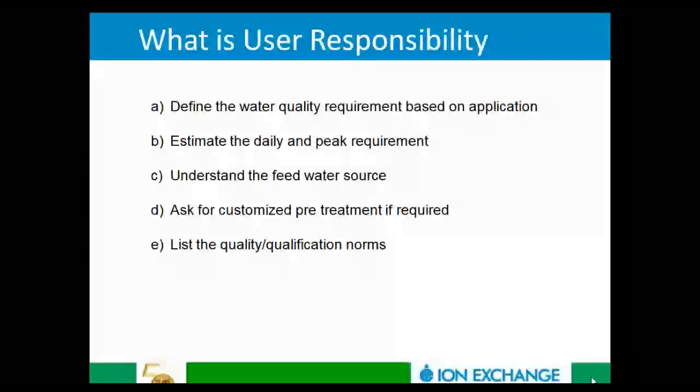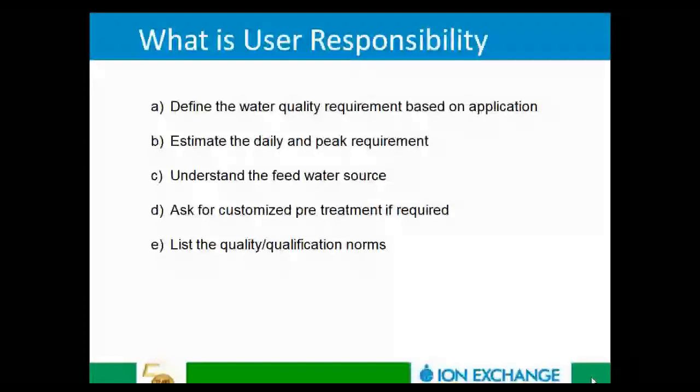And the last is about the quality and the qualification norms. A government research lab, or a college or academia, may not require an IQOQ, but a quality testing lab, or a NABL lab, or a pathology lab would require qualification.